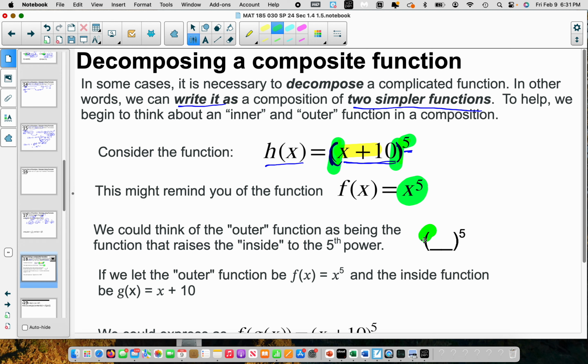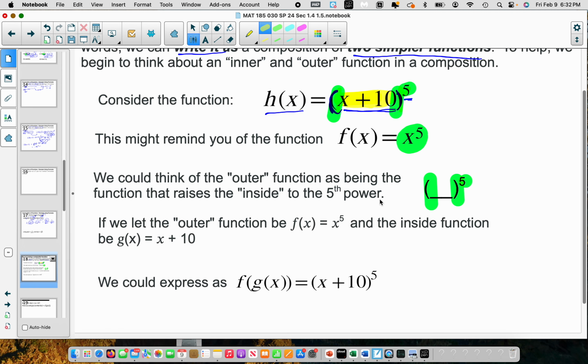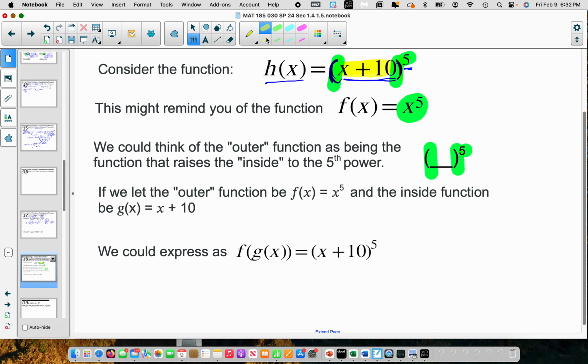So we could think of this outer part, whatever this is raised to the 5th power, as being my outer function, and my inner function is this thing x plus 10. So if I let my outer function be f of x equals x to the 5th, and my inner function be g of x equals x plus 10, I could rewrite h of x as f of g of x.